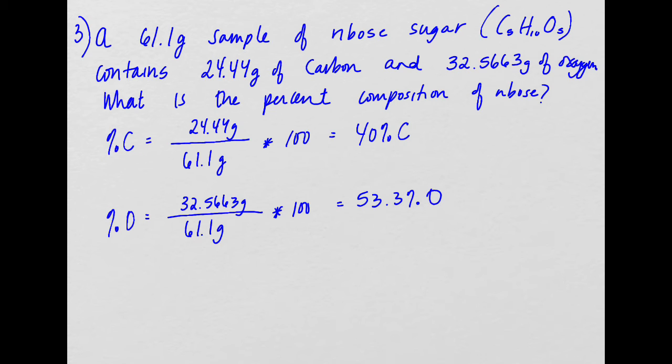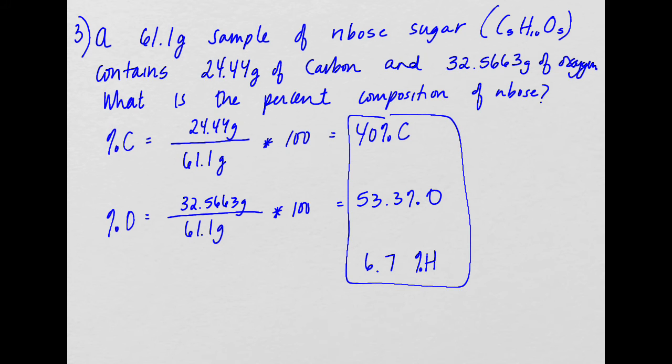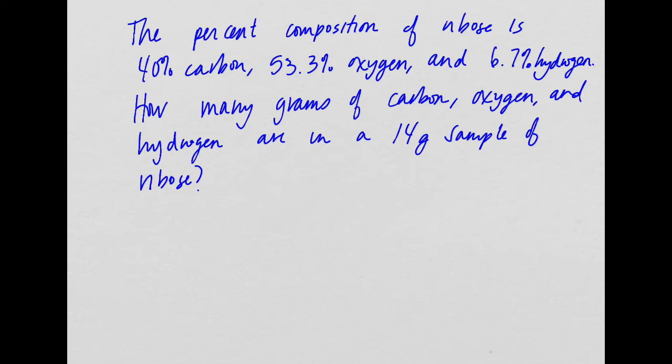So what's the percent of hydrogen here? Well, we add 40 plus 53.3, and then we subtract that from 100, and we get 6.7% hydrogen. So this is the percent composition of ribose. I could also give you this problem the other way around, like this, for example.